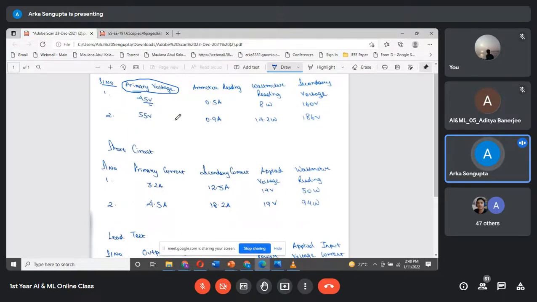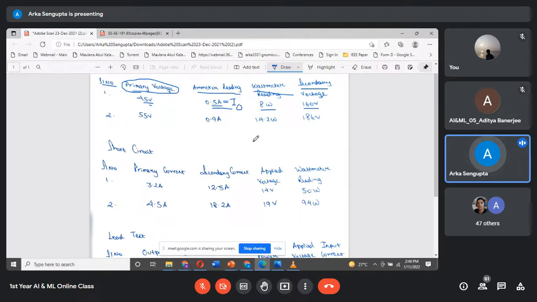Here we have taken the reading of 45 volt, and we have got a 0.5 ampere current reading. Wattmeter reading is 8 watt, and secondary voltage is 160 volt. The secondary voltage is not required much over here, but okay, secondary voltage is also calculated. That is on the 220 volt side. Now, if we are applying 45 volt, the ammeter reading is 0.5 ampere. So this ammeter reading is I naught.